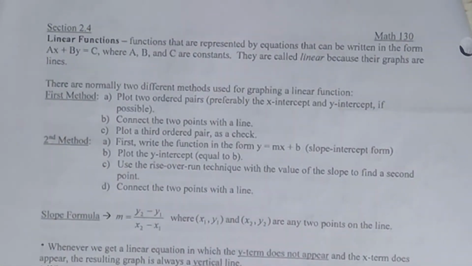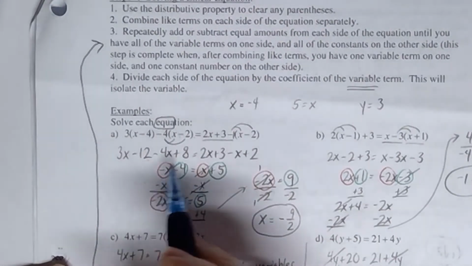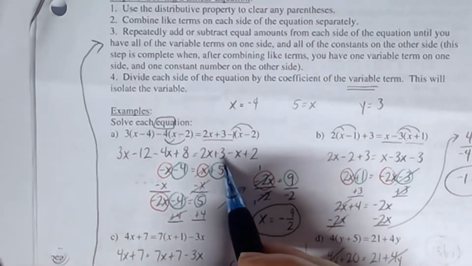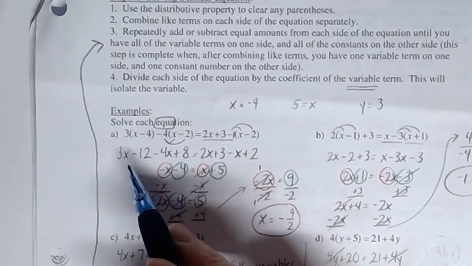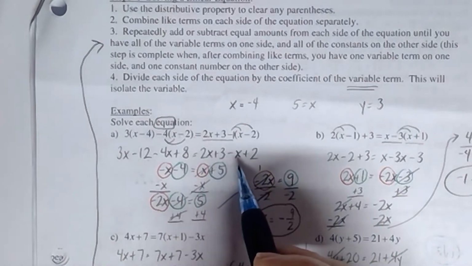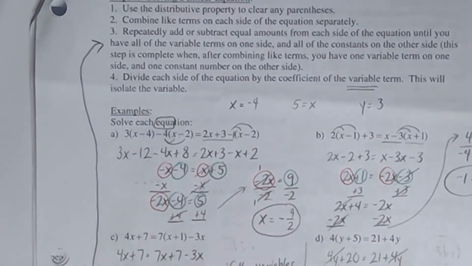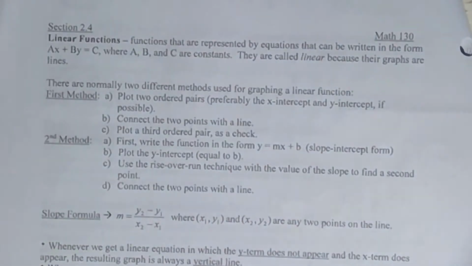What makes an equation linear? In this section you won't normally see any brackets, but if you have a polynomial on each side of the equal sign and you only have x's and not x to the second power or x to the third power, but you just have x's, okay, then that's normally going to be a linear equation.